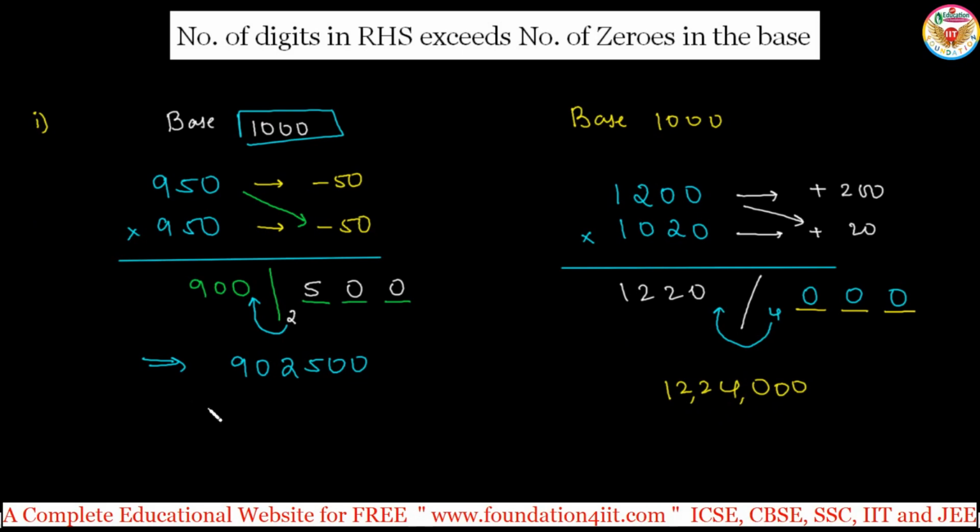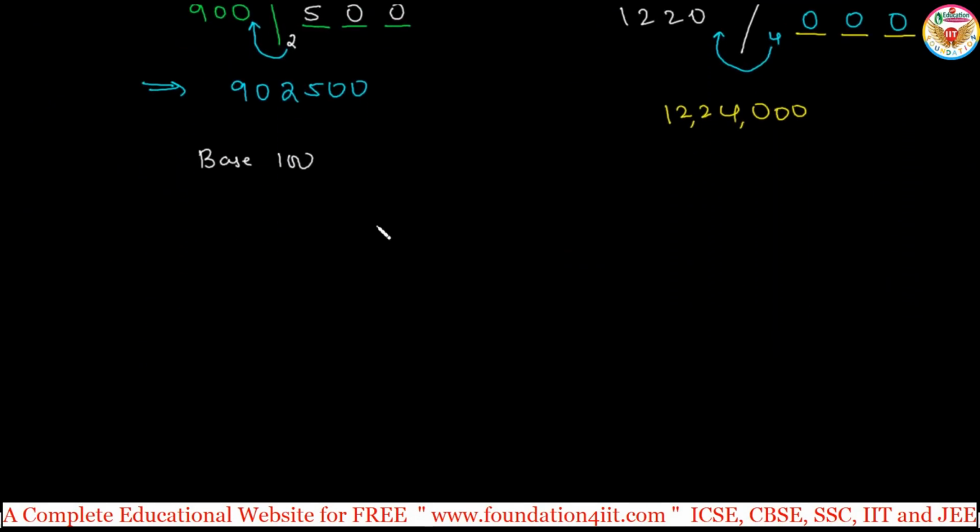Let's take one small example, like base 100. Take one question, to the base 100: 112 into 110. Just note the many steps. Just keep in mind, this is plus 12, and plus 10. Immediately 12 into 10 is supposed to be 120, but because of base 100, just keep in mind this one.